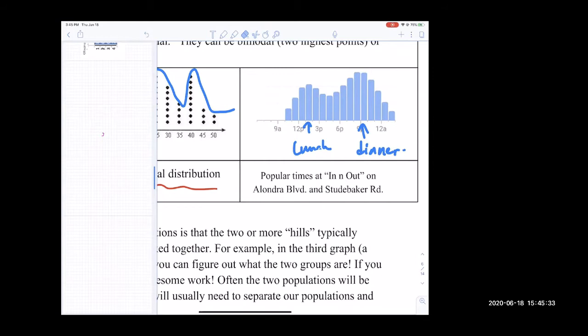Okay. So depending, like I said, all these distributions we have to identify. And once we identify the distribution, we're able to calculate the center and the spread.